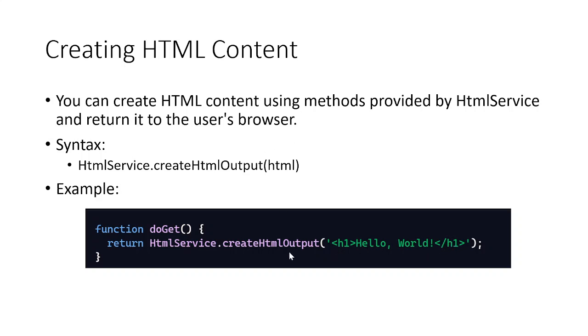Although this syntax is seldom used, because it means writing the HTML code within this script, in most cases we are going to write our HTML in a separate file.